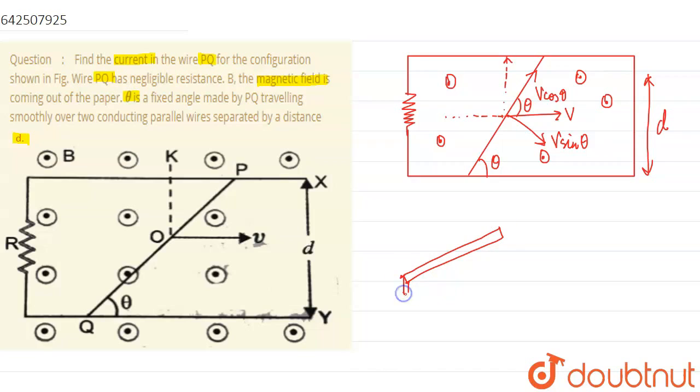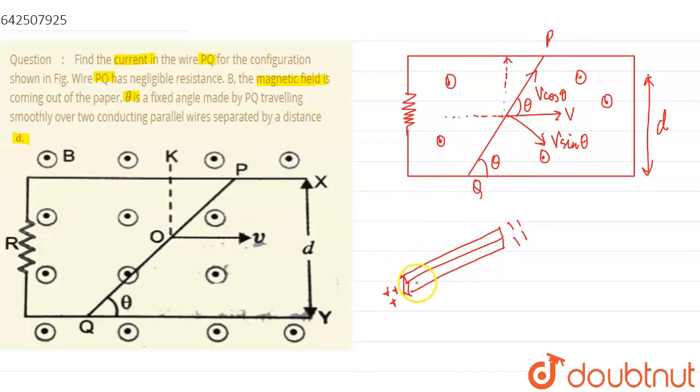So this is our wire, a 3D wire, and after it moves in the magnetic field, it would experience a force, that is magnetic force. Because of that force, positive charge will reside on one side and the negative charge will reside on the other side. That means if this is point P and this is point Q, negative charge will reside near point P and positive charge will reside near point Q.